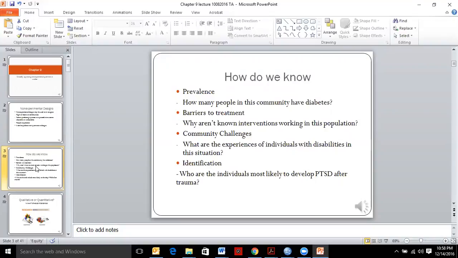So we would ask, for example, why aren't known interventions working on this particular population? We can also use this type of designs to investigate community challenges. So we might ask, what are the experiences of individuals with disabilities in this situation? We also use them for identification. For example, we might ask, who are the individuals most likely to develop PTSD after trauma?